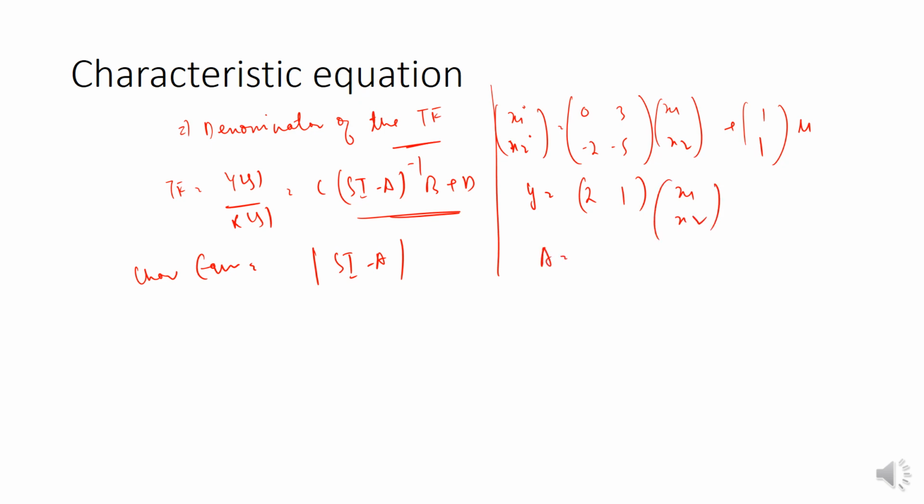Here A is 0, 3, minus 2, minus 5. This is A, this is B, and this is C.